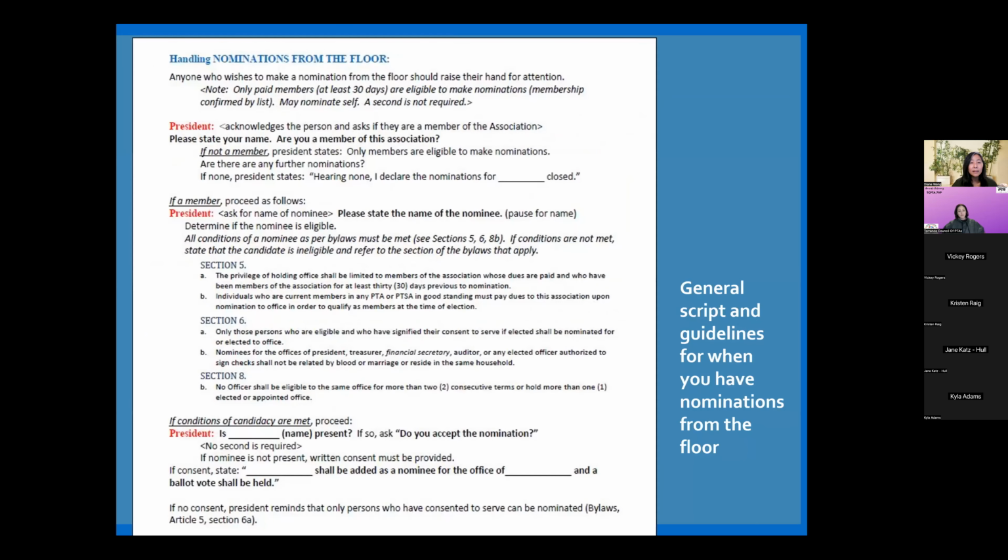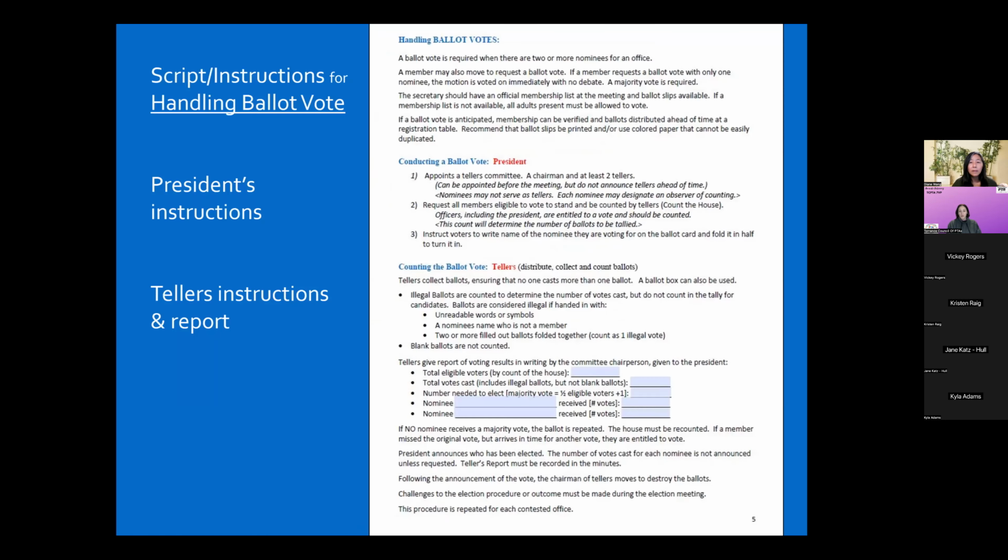And again, the last page in that script is handling nominations from the floor. And then the next page is instructions for handling a ballot vote. Pretty much what I went over, but a little bit more in detail.